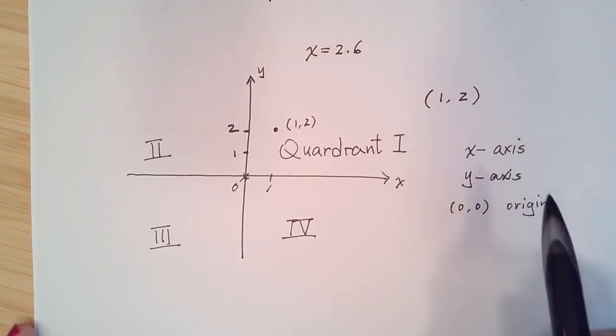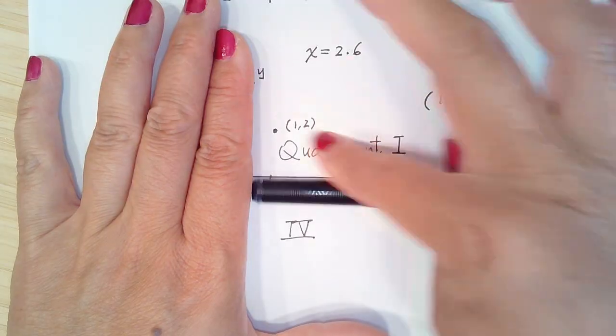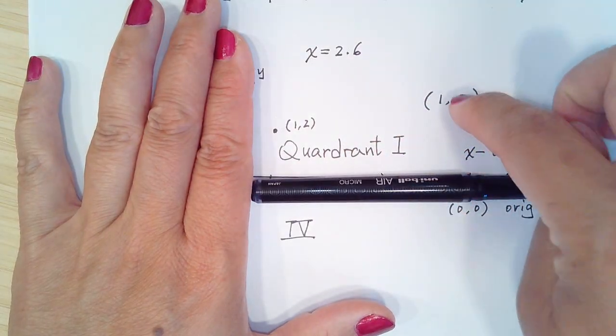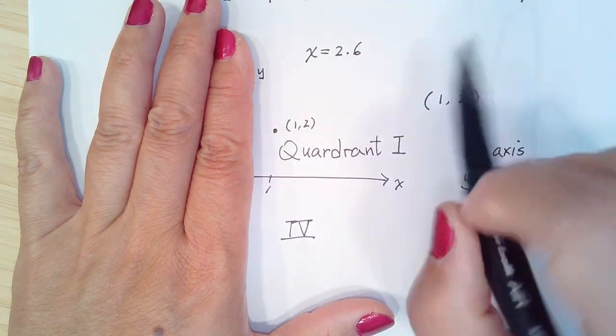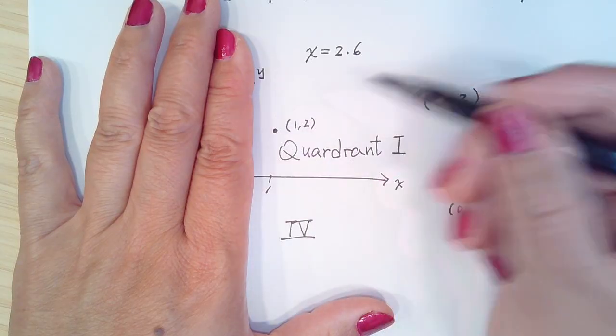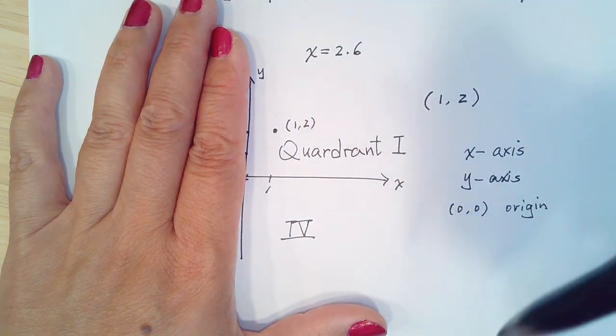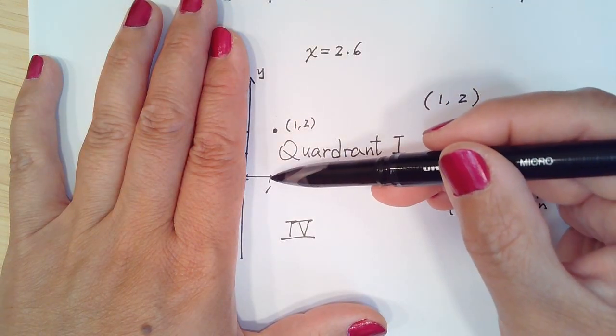Now, for any point in the first quadrant, their x-coordinate is where you drop that point to the x-axis, like this one, that's 1.